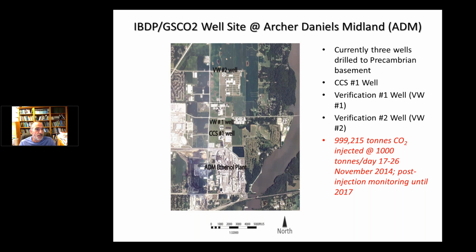There are 3 wells drilled down to the Precambrian basement at the moment, somewhere around 2,000 meters deep, and there's been just under 1 million tons of carbon dioxide injected, starting in November 2014. It was injected at about 1,000 tons per day, I think. Actually a little bit more, sorry. And there's post-injection monitoring until 2017.